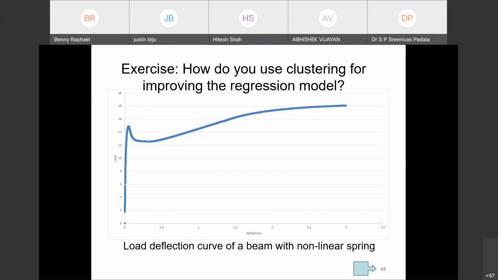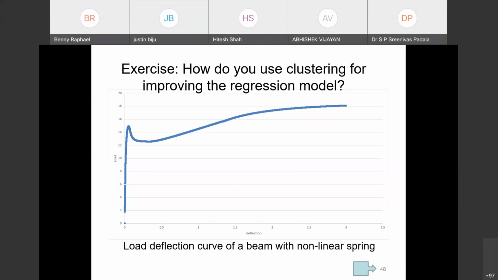For example, if you try to do regression among all the data points, you may not be very successful because the line may not pass through all the data points. But suppose you identify, let's say there are two or three clusters in your data, and for each cluster you try to develop a separate model. That is likely to be more accurate.